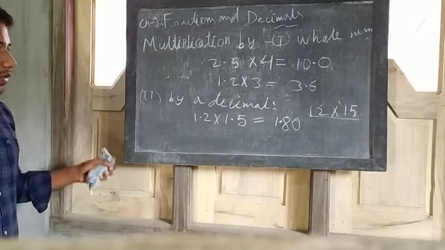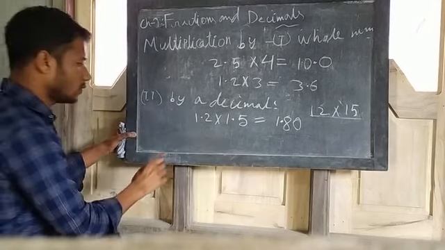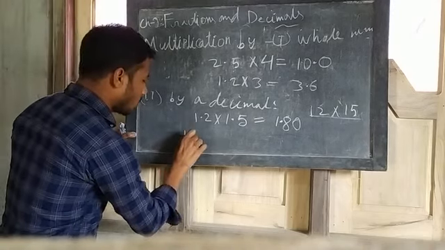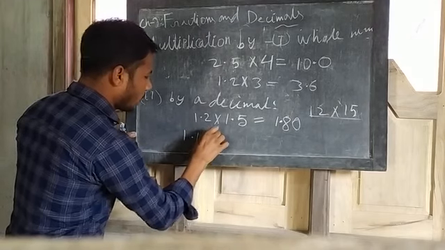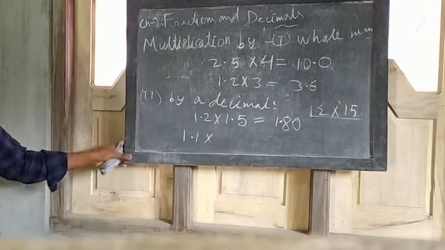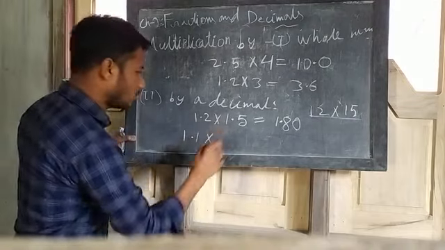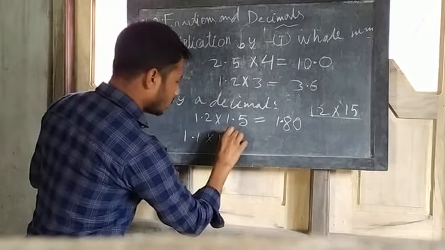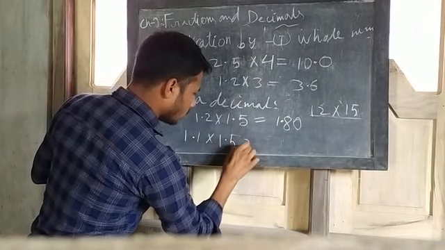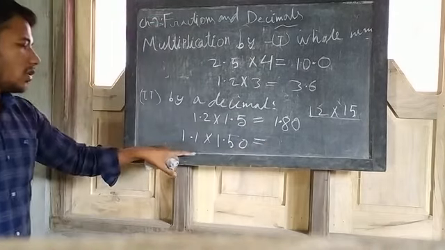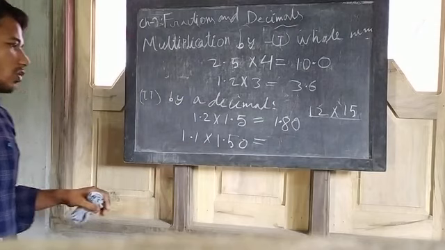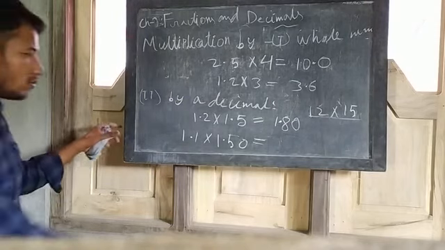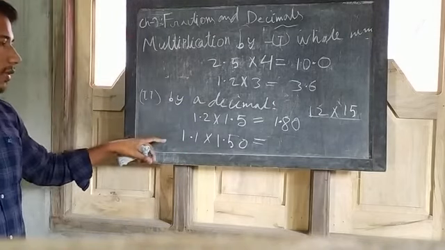See another example. Suppose 1.1 into 1.50. 1.1 into 1.50. Here also we have to multiply.